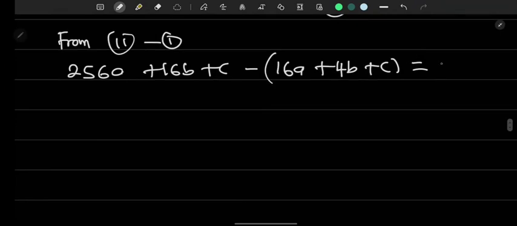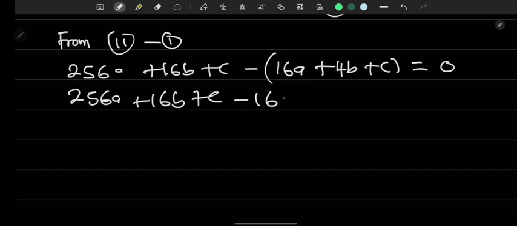That's 0 minus 0, so this will actually give us 0. So you have 256a plus 16b plus c minus 16a minus 4b minus c equals 0.